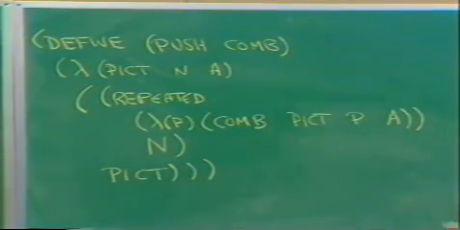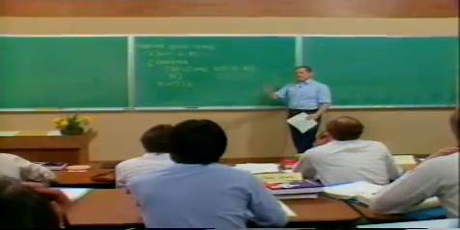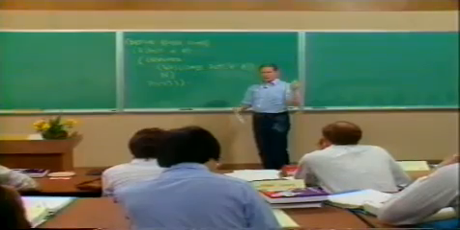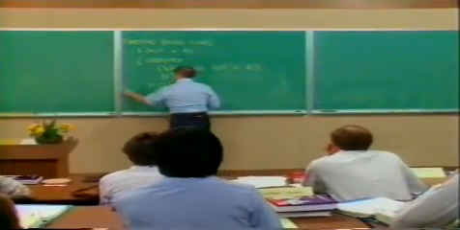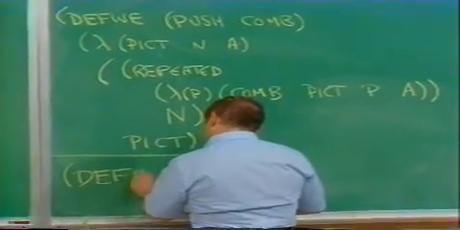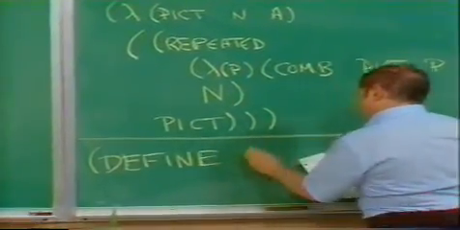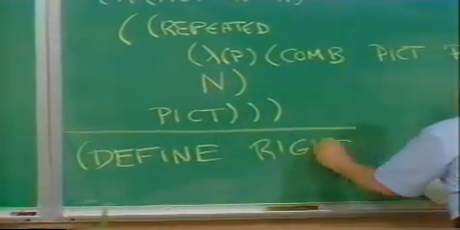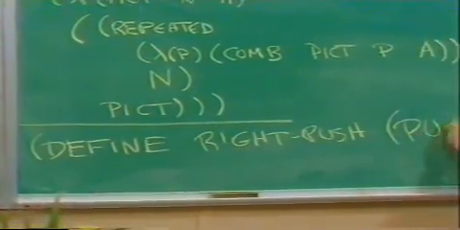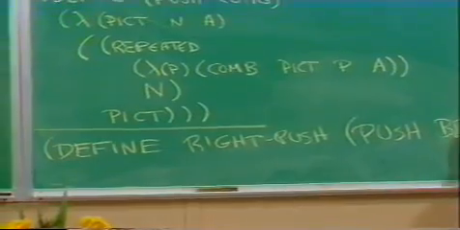And having done that, that is the way I got from the idea of beside to the idea of right push. So having done that, I could say, define right push to be push of beside.